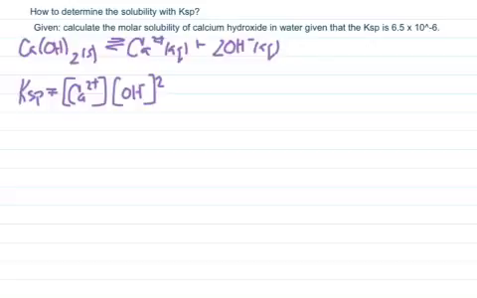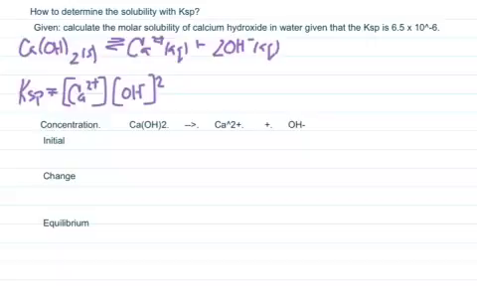Now we're going to draw a reaction table. This is going to help us figure out what we have and what we don't have. Alright, so the first thing we need to know is we really don't have anything with calcium hydroxide. The reason why is because we are breaking it apart into ions.